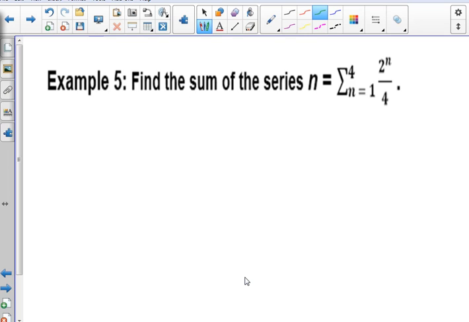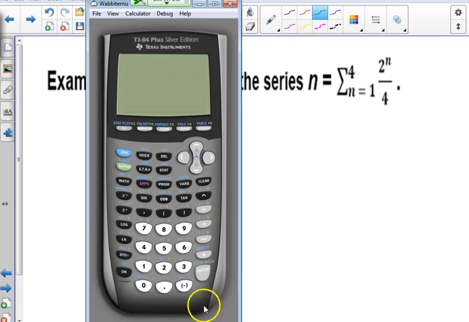Example 5. If you have the newer calculator, and I'm sorry, the older one doesn't do this, go alpha window. What do you see? Number 2 is the sigma. Now, if you had the older calculator, I don't even know if it'll do this.